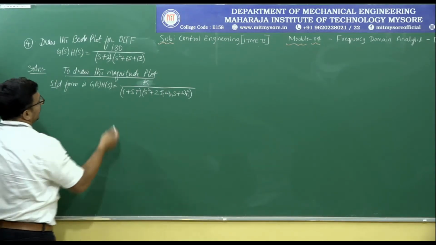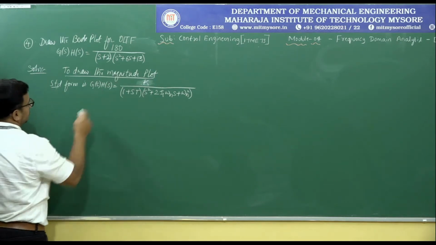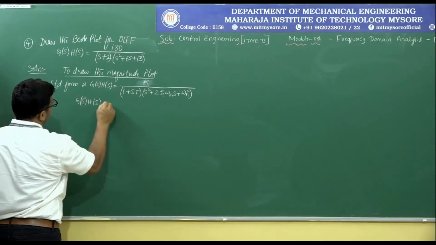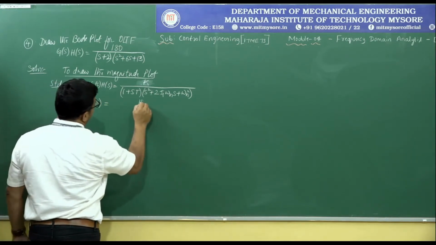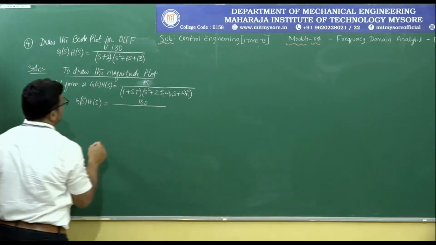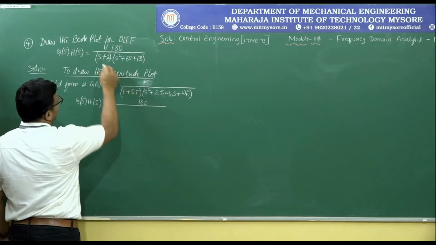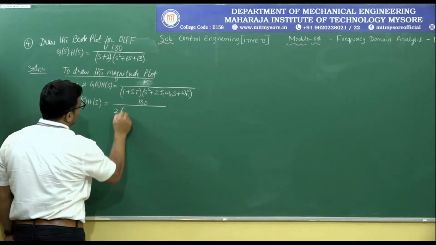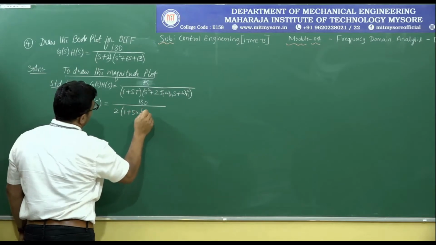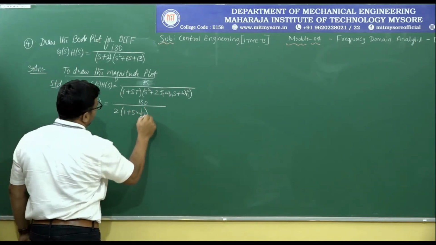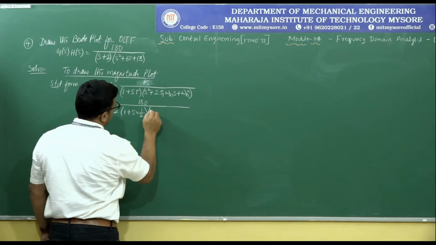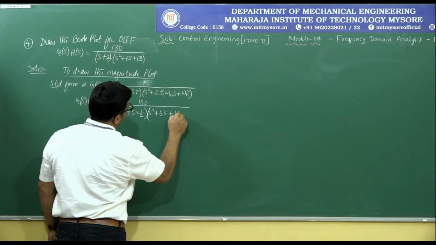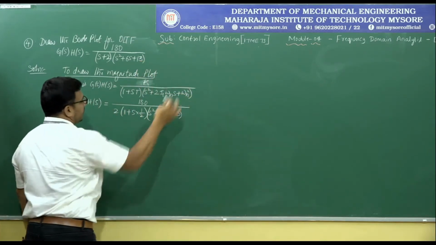Now, if you just look over there, G(S)H(S) is equal to 180 divided by S plus 1 into S plus 2. You need to bring S plus 2 into 1 plus ST form. So, if you take out 2, you will be getting S into 1 plus S into 1 by 2, multiplied by S square plus 6S plus 13 retained as it is, because this is already in this form.